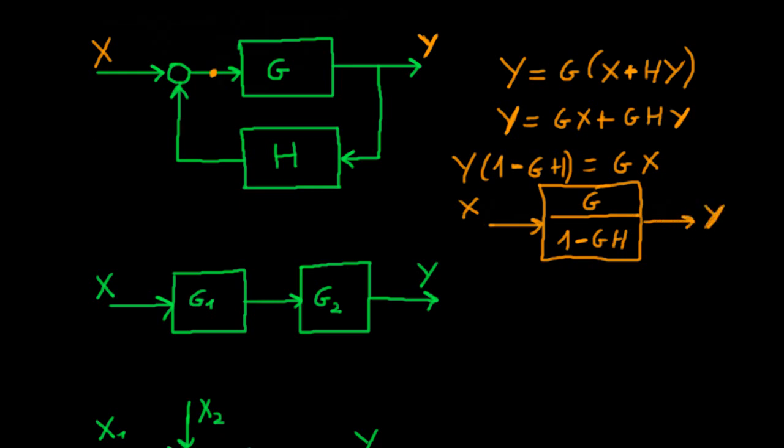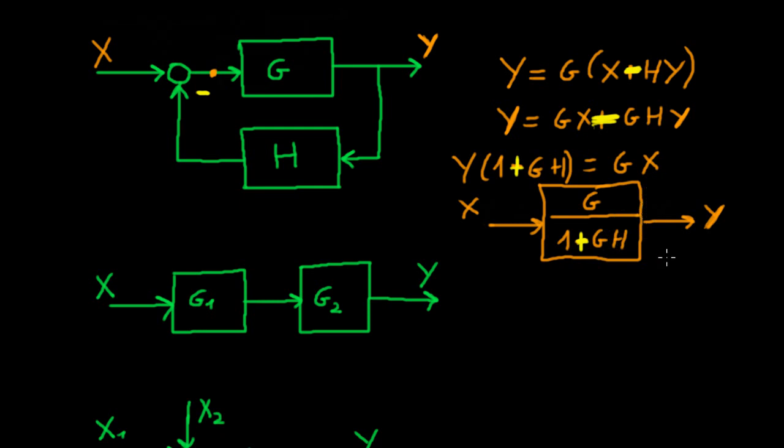But most commonly here we would have a negative sign, because what we feed back is subtracted from the reference or the input to the system. So the only difference then is that here we have a negative sign, a plus here, and a plus here.